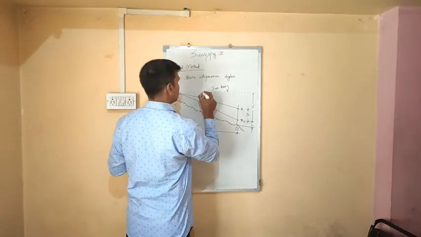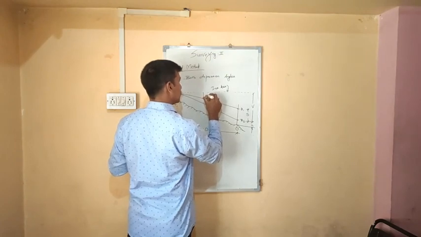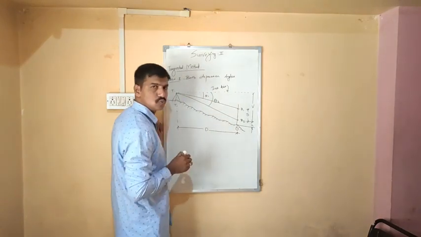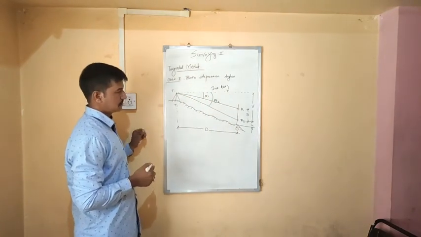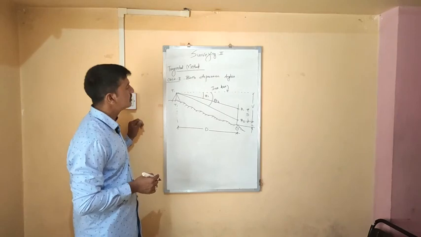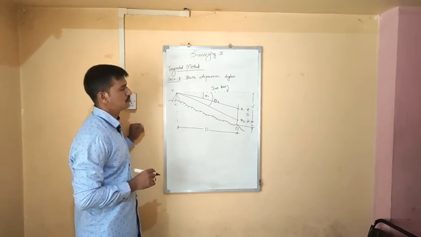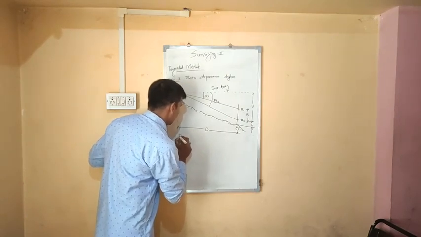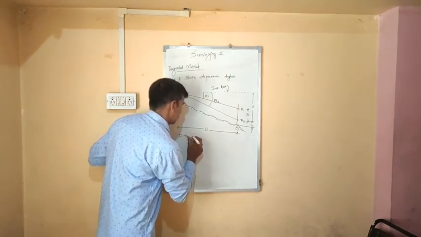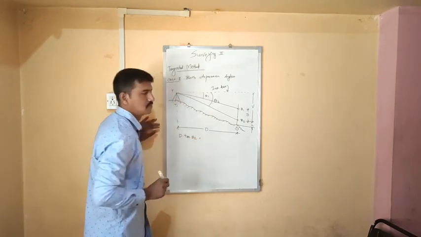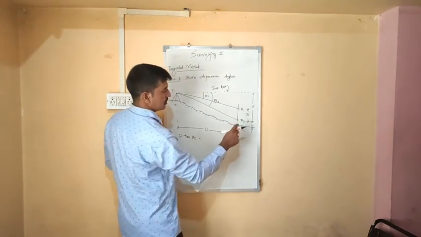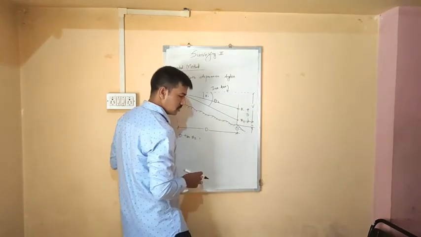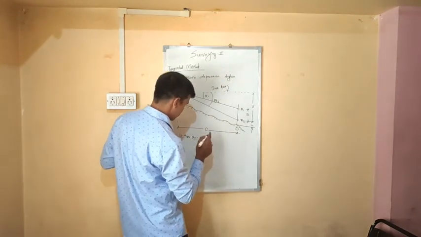Two angles, one is with the first target, it is theta 1, one is with the other target, it is theta 2. Now, if we would like to calculate D tan theta 2, let us start with this equation. V will be equal to D tan theta 2.